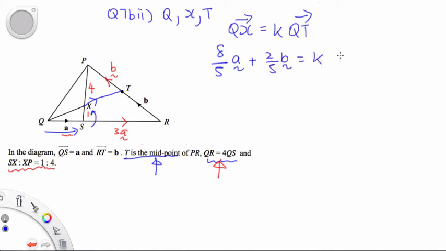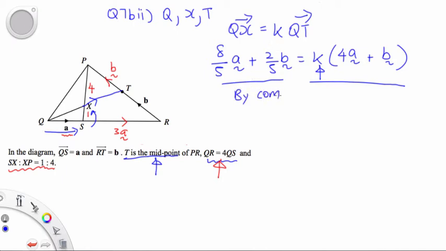Substitute your answer for QT. So you must ask yourself, what must your value K be in order for the left hand side to be the same as the right hand side? If you can't see it straight away, you can continue with the working by comparison, because you need to compare the left side and the right side.